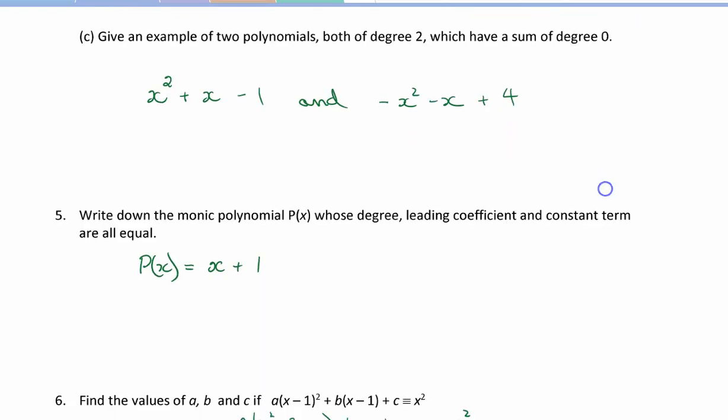A monic polynomial whose degree is 1, so it's monic. What does that tell you? It tells you the coefficient of the leading term has to be 1. So then the constant term has to be 1, and the degree has to be 1. So it's just x plus 1.